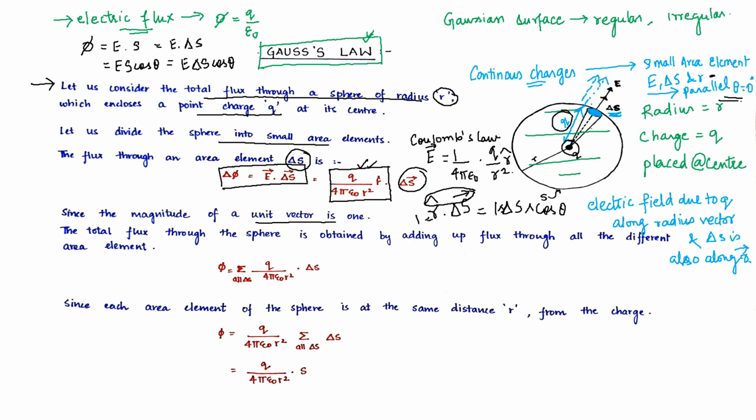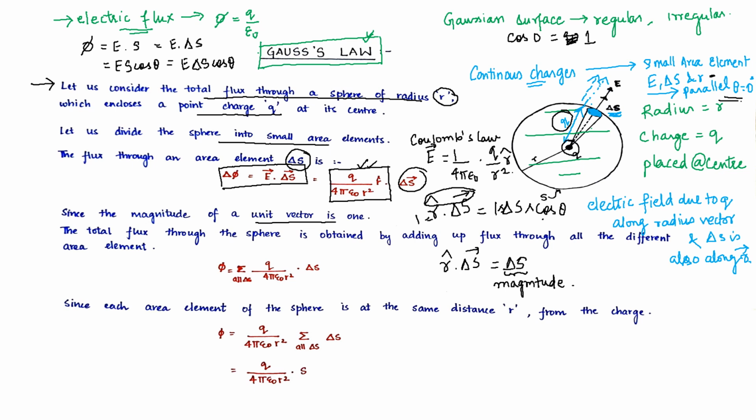So cos 0 equals 1. We will introduce this value over here, and we will get R cap dot del S as del S only, but this is just showing us the magnitude.